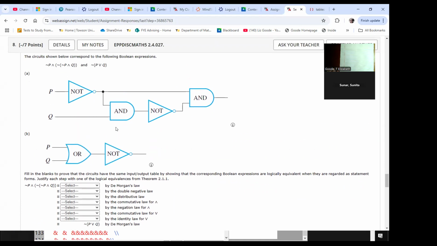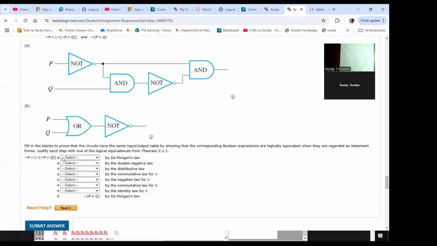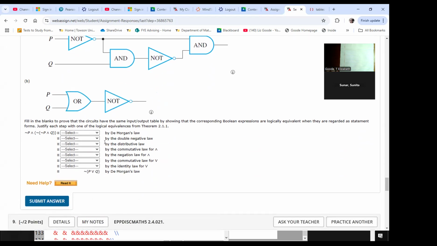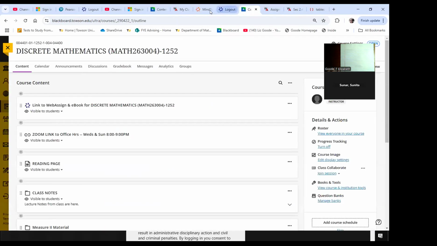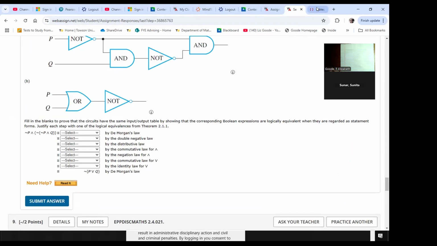You can find their IO tables and they will be the same. But what they're really asking you to do is decide how we could use De Morgan's law to change this expression into a logically equivalent expression, and then use the double negative law, the distributive law, and the commutative law. I'm looking for the book.